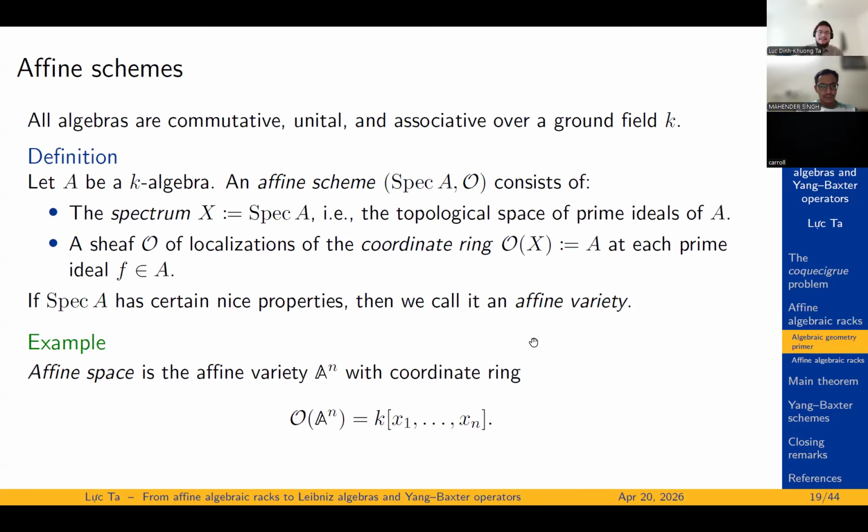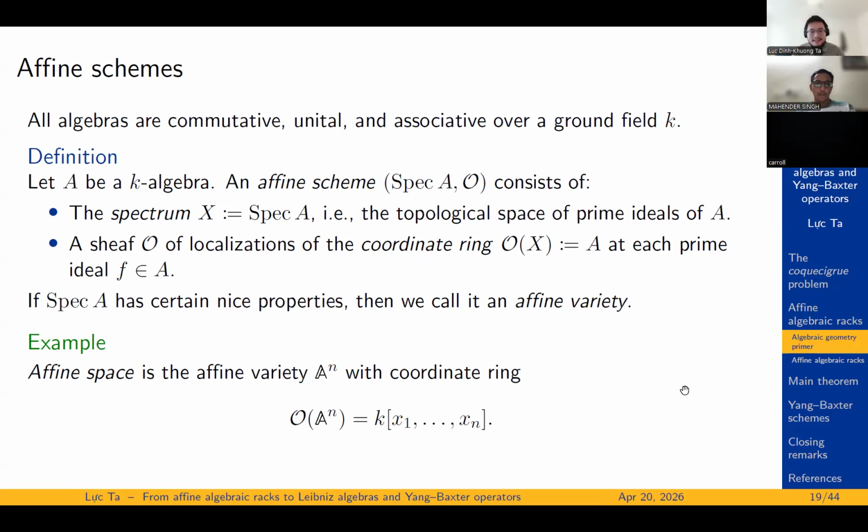So what is an affine scheme? You take a k-algebra, I'll call it A, and then you construct two things. One is a topological space called Spec A, or the spectrum of A. As a set, that's the set of prime ideals of A, but it's equipped with a topology called the Zariski topology.